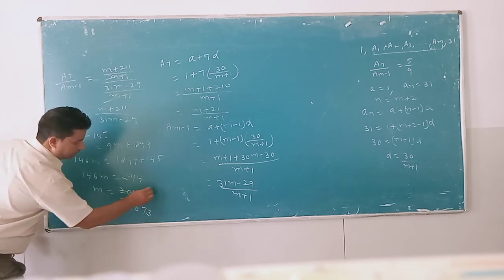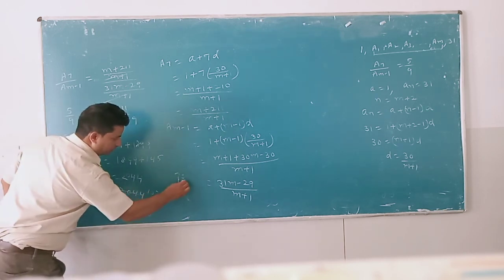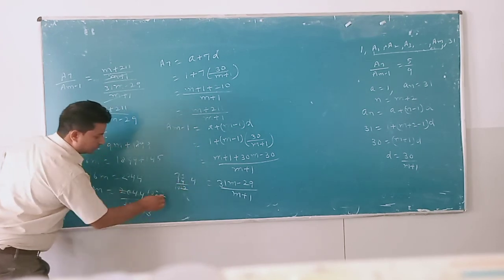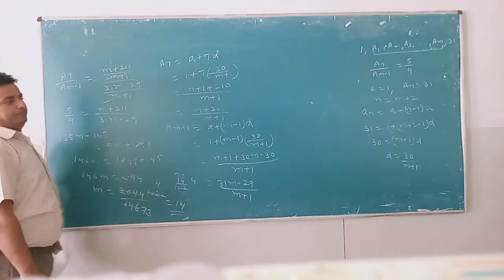When we cancel out, this becomes 14. So m is equal to 14.